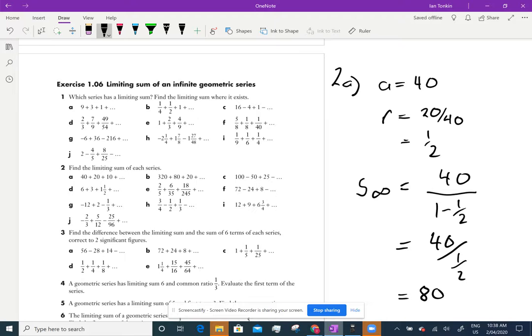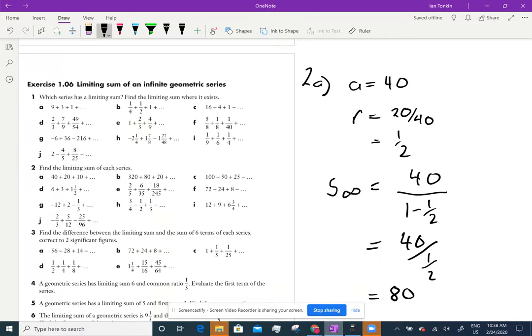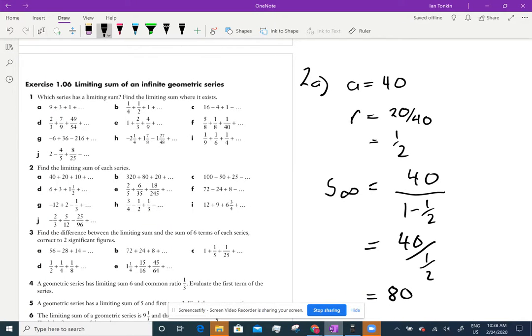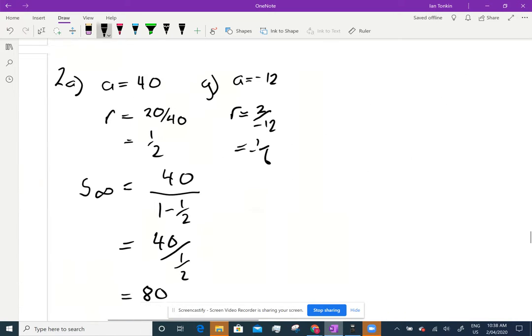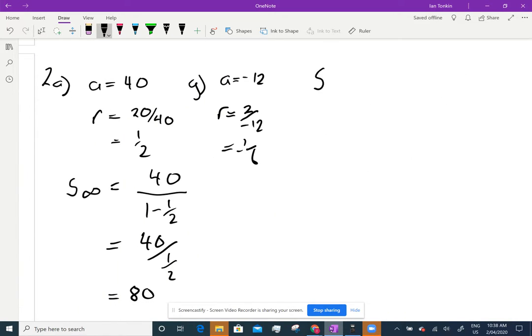Let's have a go at G. So 2G, I'm just going to write my stuff down before I move across. A equals negative 12 and R equals 2 over negative 12, which is negative a sixth. All right, so the sum to infinity is A, negative 12 over 1 minus negative 1 on 6. I'm going to do this one on my calculator this time.